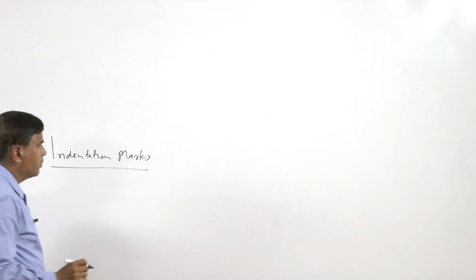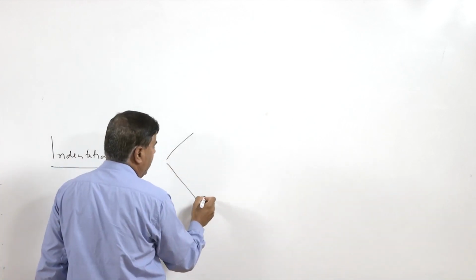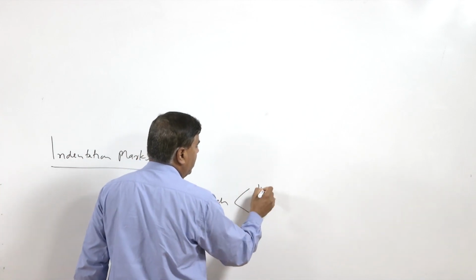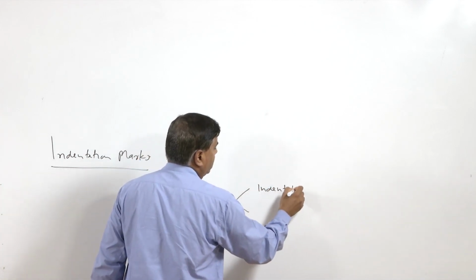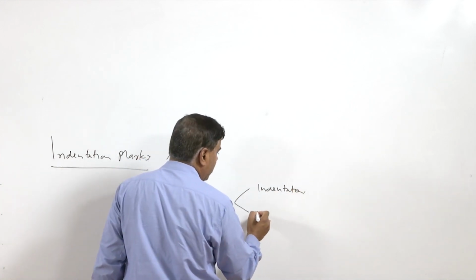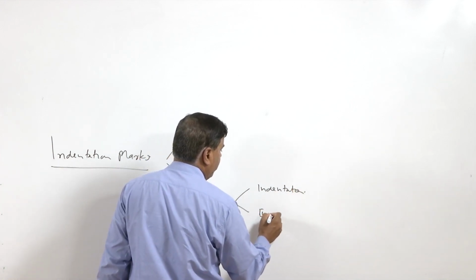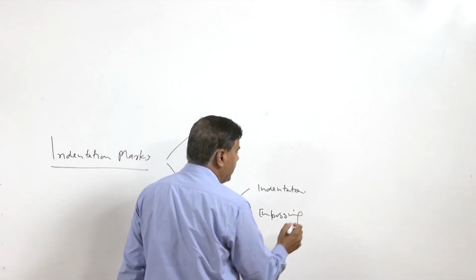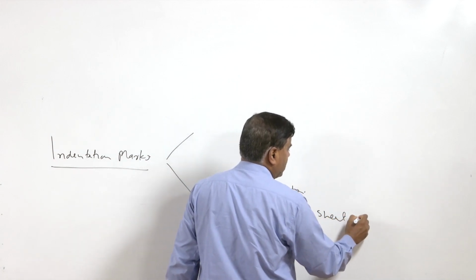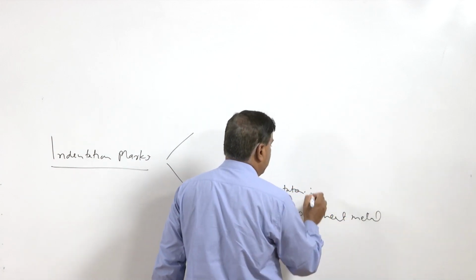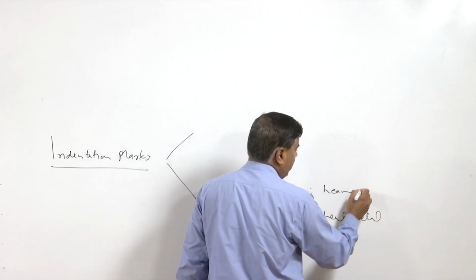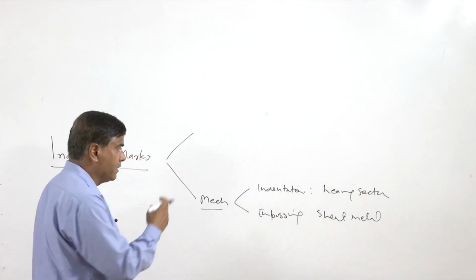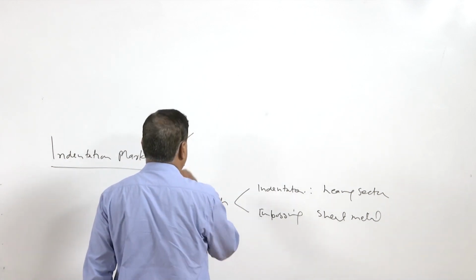There are two basic approaches which are normally applied. One is the mechanical approach, where we can use indentation and also embossing. Embossing is primarily applied in the case of sheet metals, while in the case of heavy sections, these marks are applied by indentation using punches.